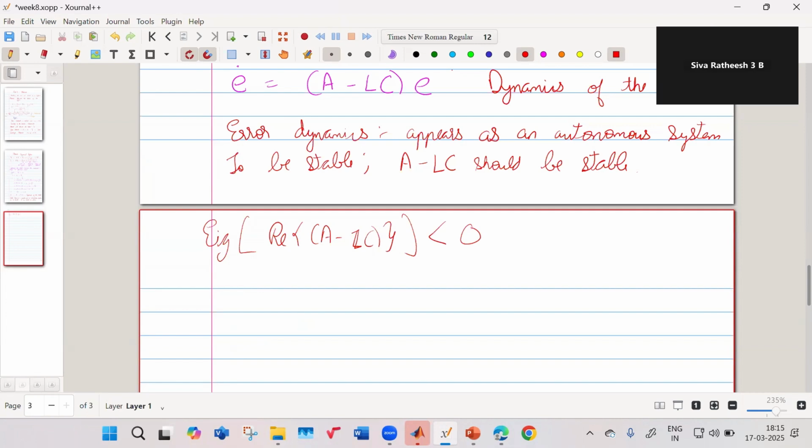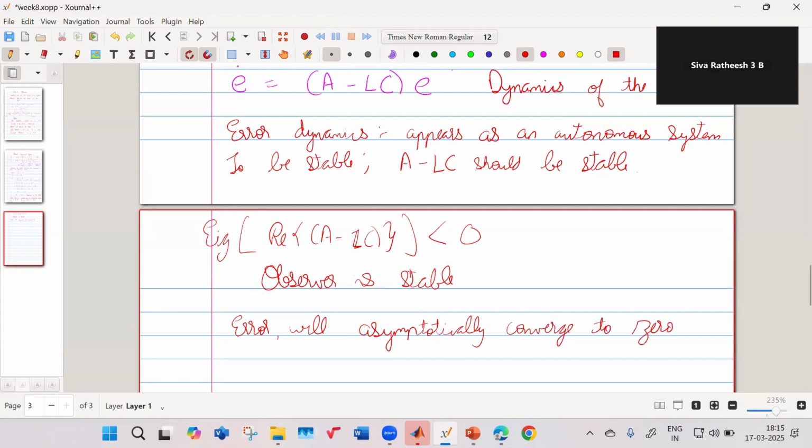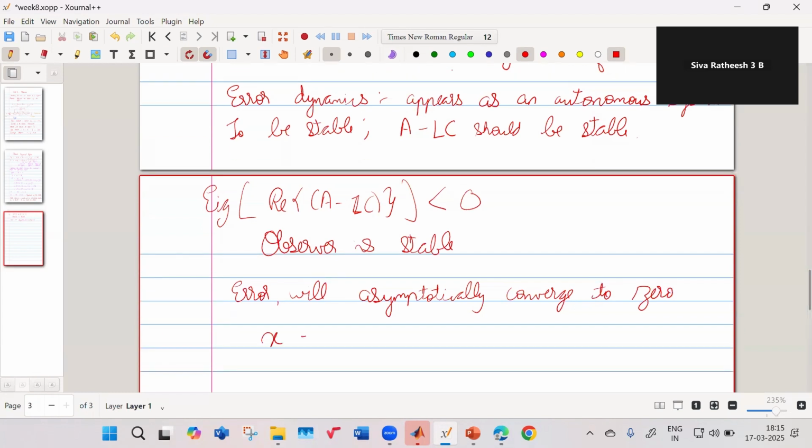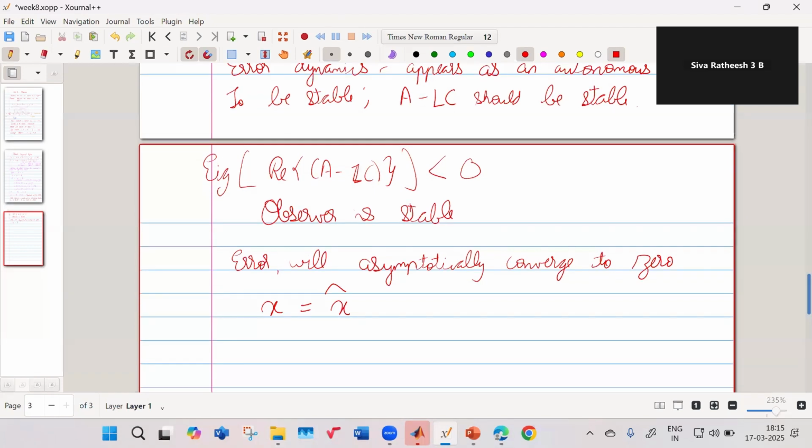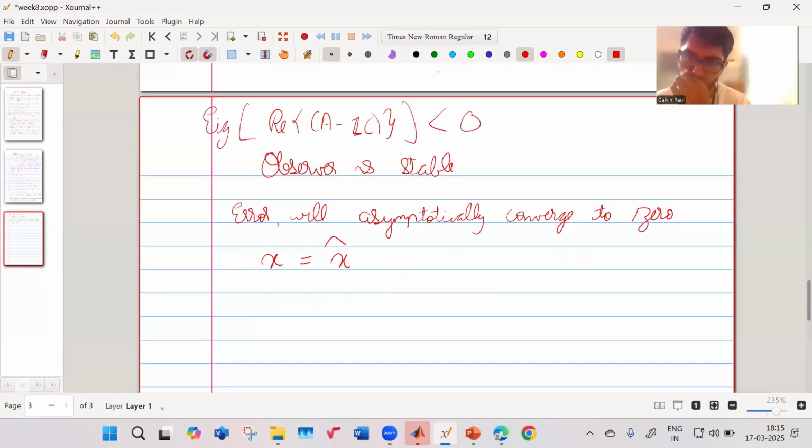Then we can say that our observer is stable, and that means the error will asymptotically converge to 0. And when that happens, x hat will be equal to x. So your estimate will be equal to your x. That is the power of your observer.